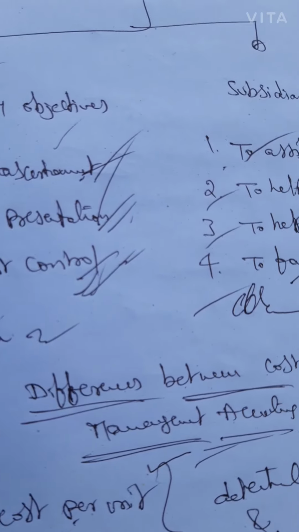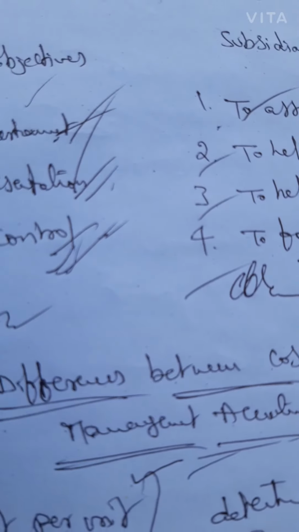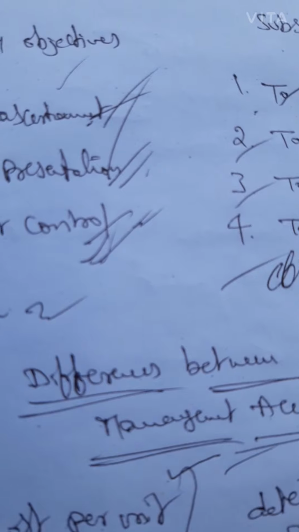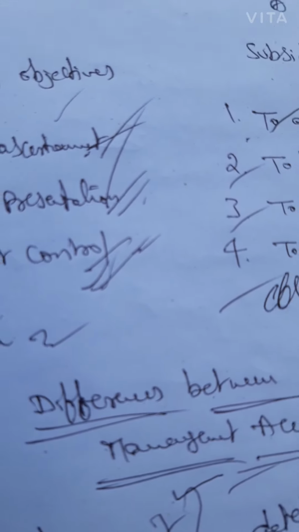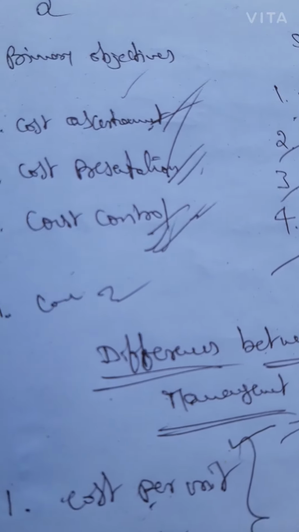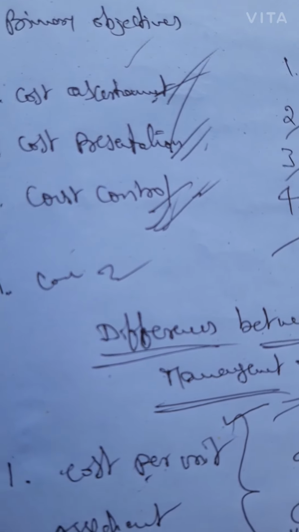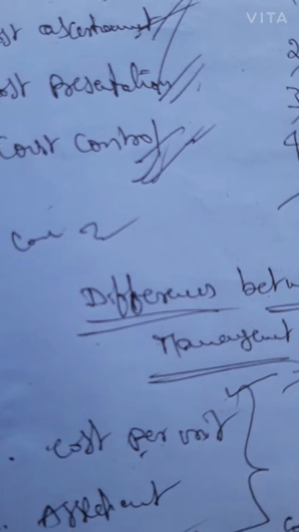Okay. Whereas management accounting is concerned with providing information to the management to formulate plans and policies for the future. Okay. Future projections, etc., like that.